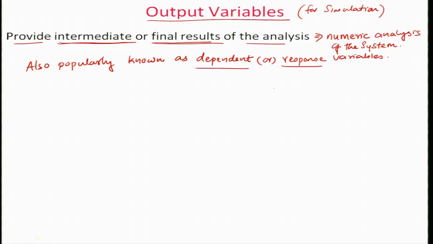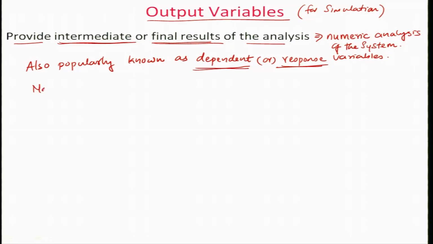What they are talking about is the output variables, and the output variables provide you an intermediary or a final result as part of the numeric analysis of the system. So, the terms dependent variable or response variable that people use are the same as an output variable.